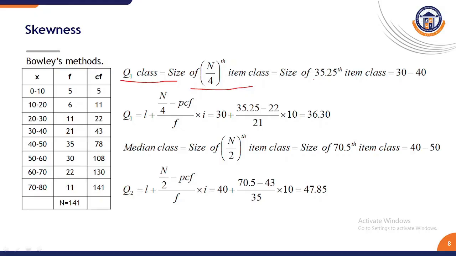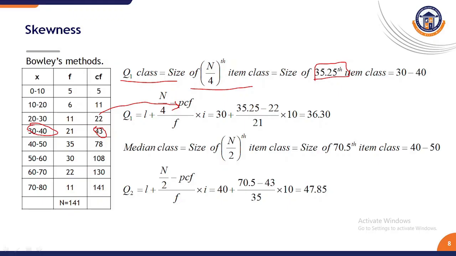That means size of 35.25th item. So it lies in this interval 30 to 40. Its Q1 formula is L plus n by 4 minus PCF, that means preceding cumulative frequency, divided by f, into i. For Q1 interval, PCF is 22.